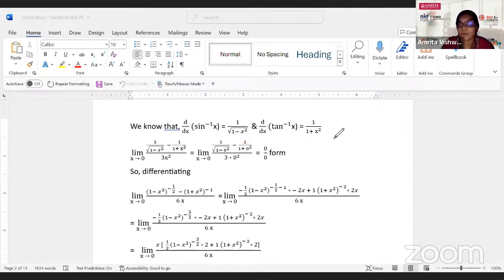We have studied a lot of formulas in different chapters, and I know all of you are preparing for competitive examinations. So if you have not started preparing something called a formula book, I would request all the students to start it. Because it's November and you have your board exams and everything, and after that you will be writing these entrance examinations. So by that time, you will come across all the chapters. And if you have not started this, I would request you to start a formula book.